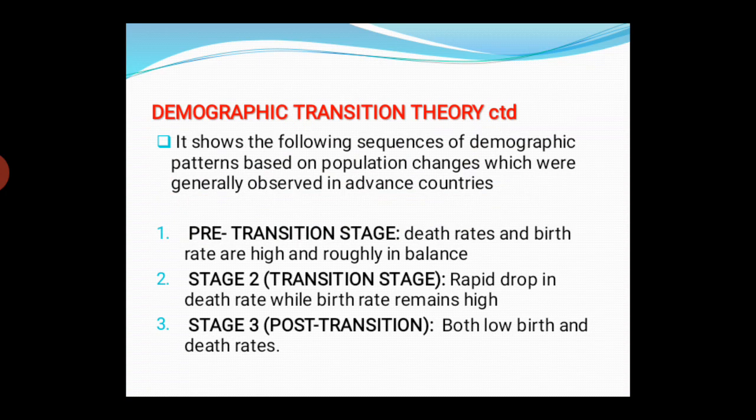Number 3, that is stage 3, the post-transition stage. This is very peculiar to the advanced countries. What characterizes this stage is low birth rates and low death rates. A good example is Japan. Japan is currently experiencing this.